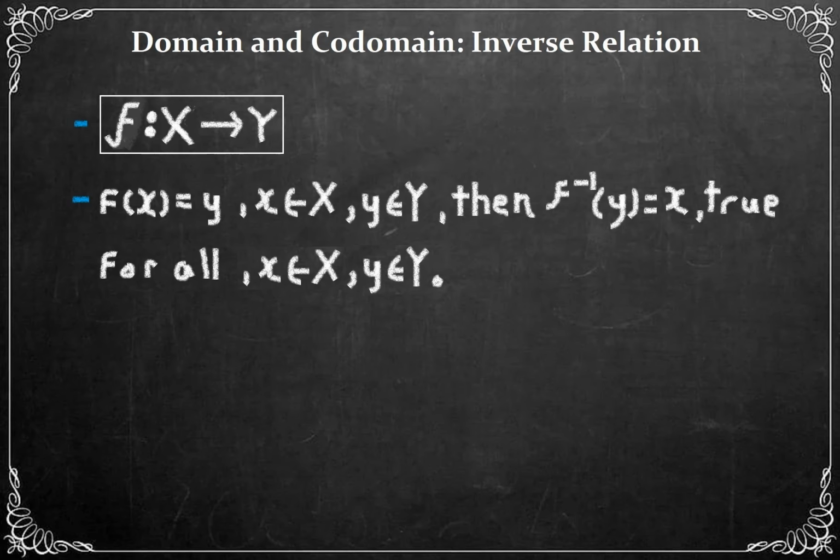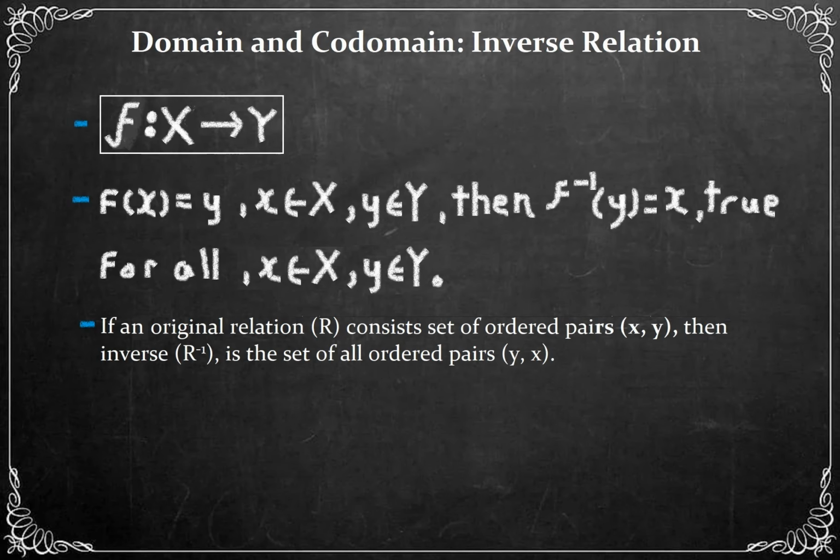The last definition, second blue bullet. The definition of an inverse function says, if f of x equals y for x an element of capital X and y an element of capital Y, then f inverse of y equals x must be true for the same. Third blue bullet.